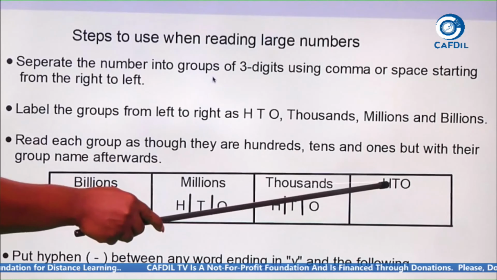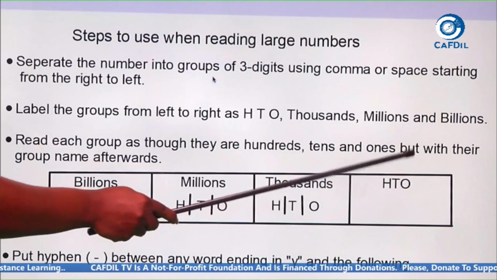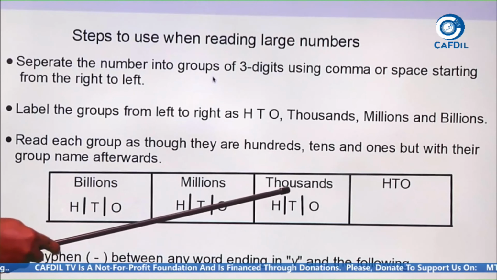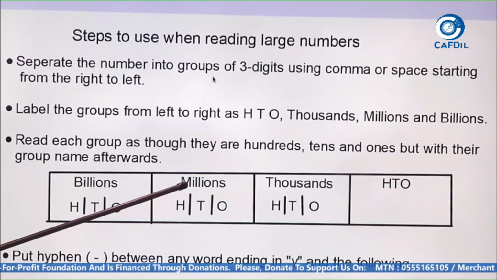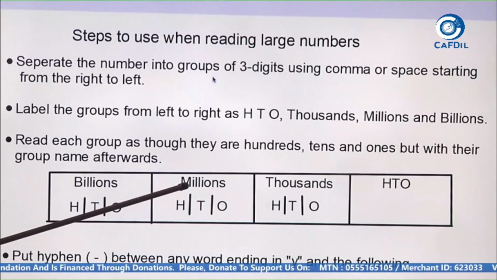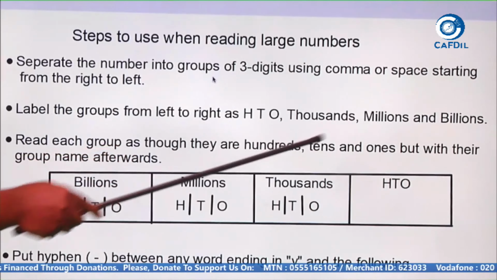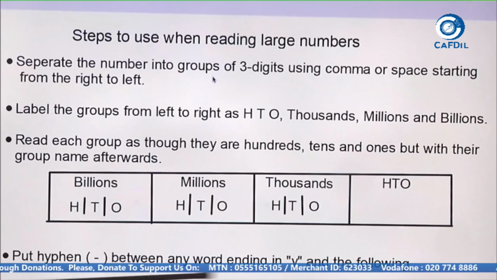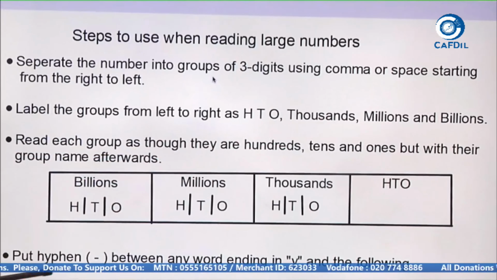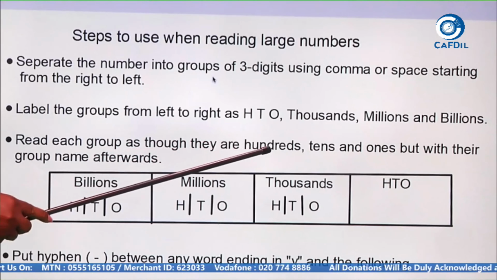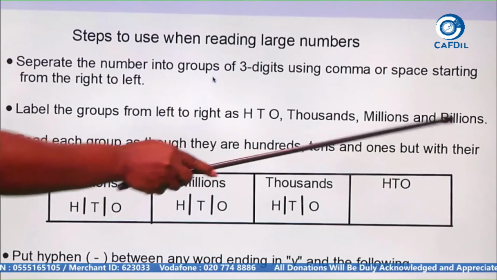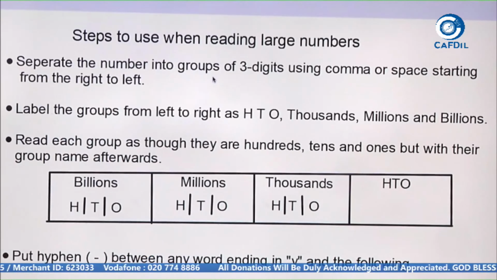We have our thousands. We have the millions. And then we have the billions. We have labeled it.